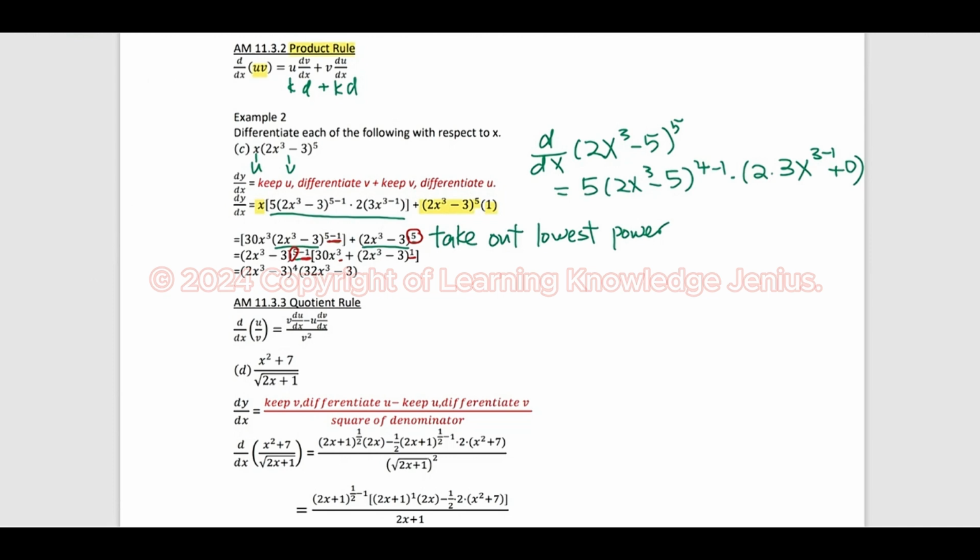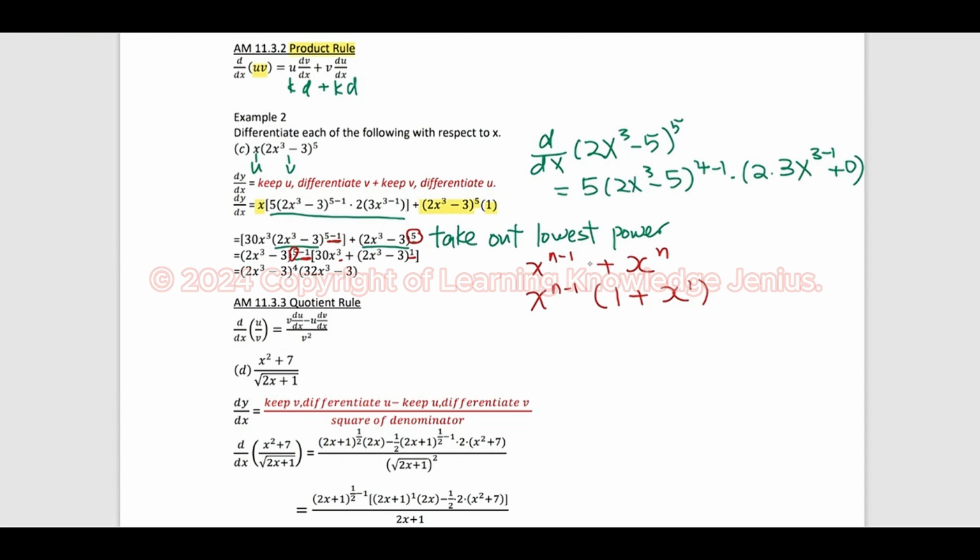Let me show you an example of what it means. Let's say you have x to the power of n minus 1 here, plus another one, x to the power n. You're going to take out the lowest power, this. Then you will have 1 here plus x to the power of 1.